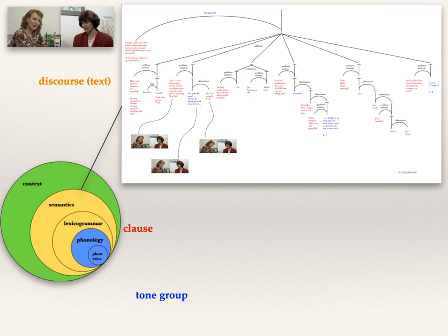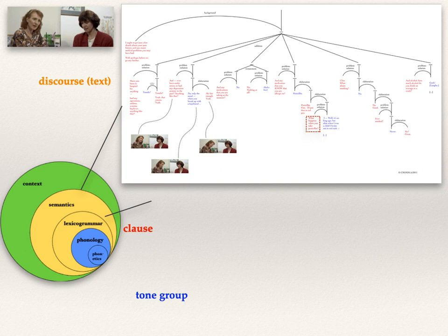In the grammar then, you focus on clauses and combinations of clauses. So typically a clause is a smaller unit than the text. But the primary consideration is it's a unit of wording rather than a unit of meaning.